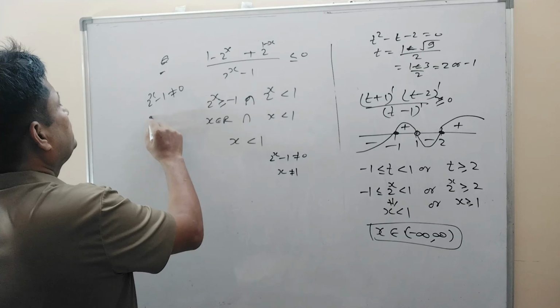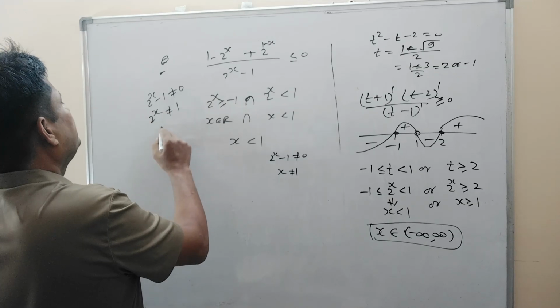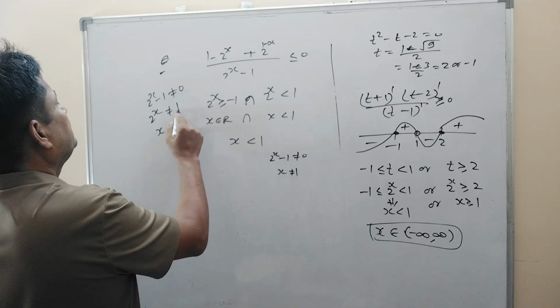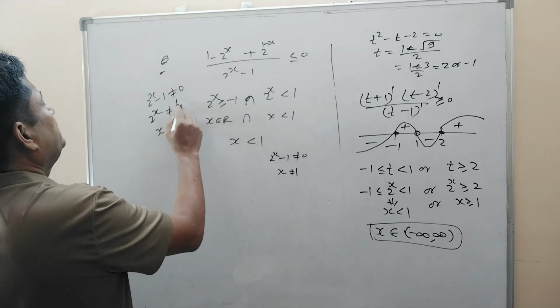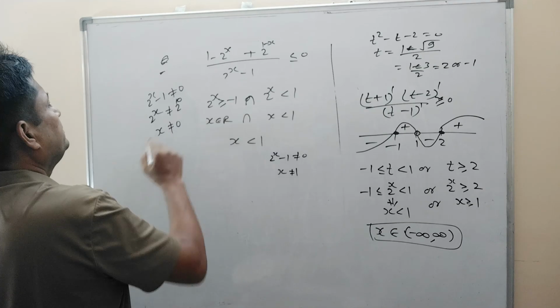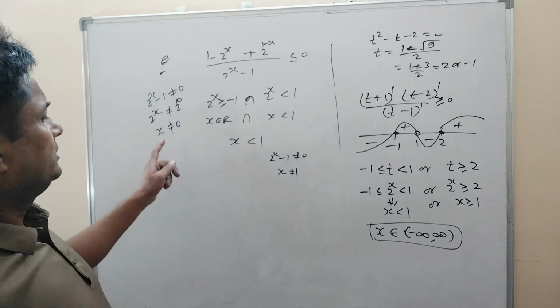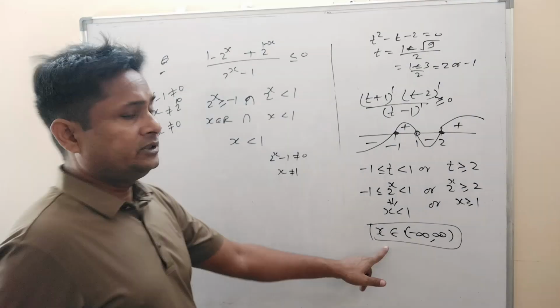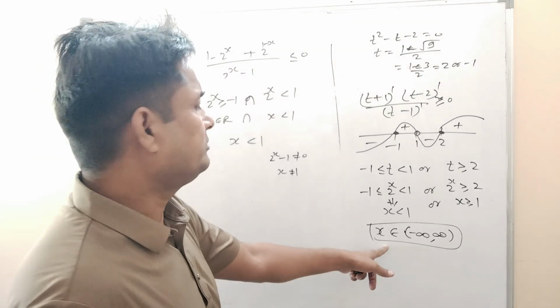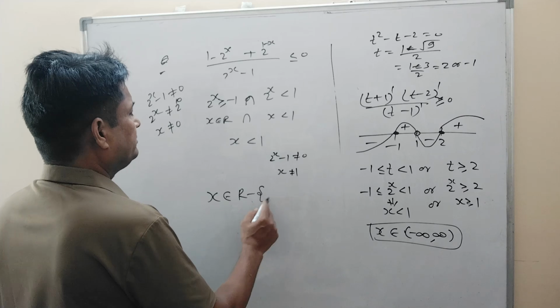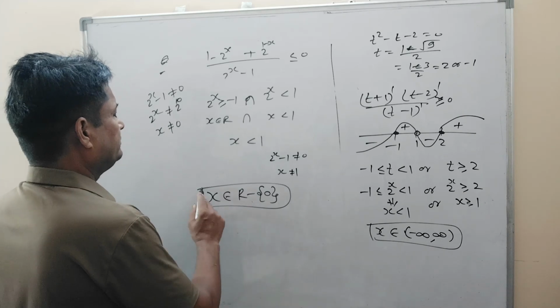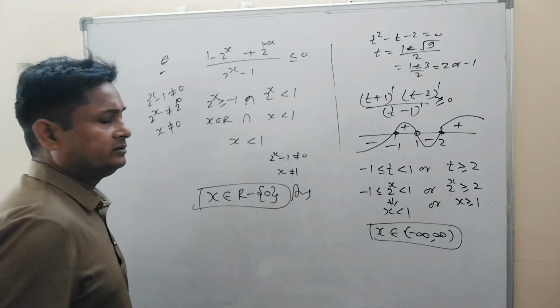That means 2 to the power x cannot be 1, so x does not equal 0. So this value must be rejected from here. So the final answer will be x belongs to R minus 0. So this is our final answer to this question.